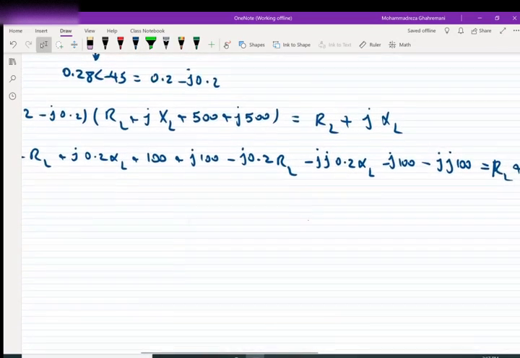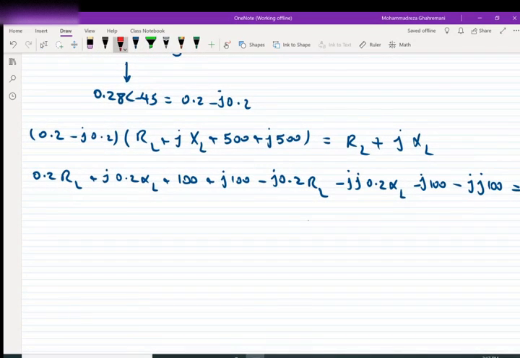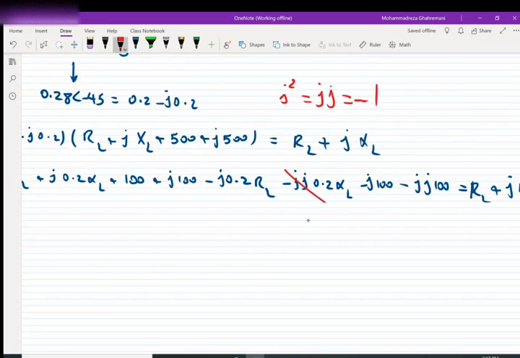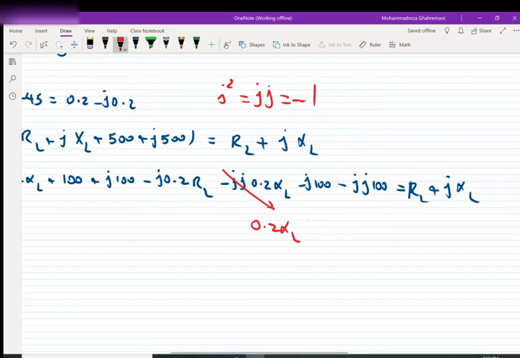We know that j squared is equal to negative 1. So instead of this value we put 0.2 XL, and instead of this value we can simply put positive 100.